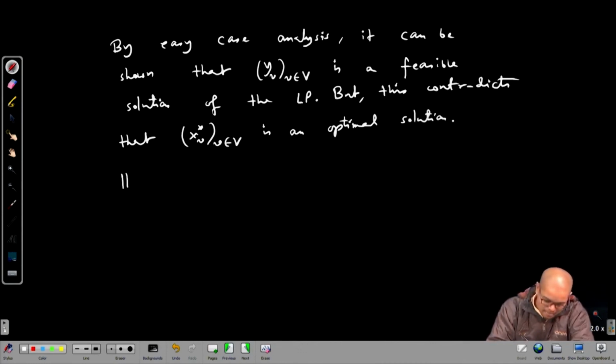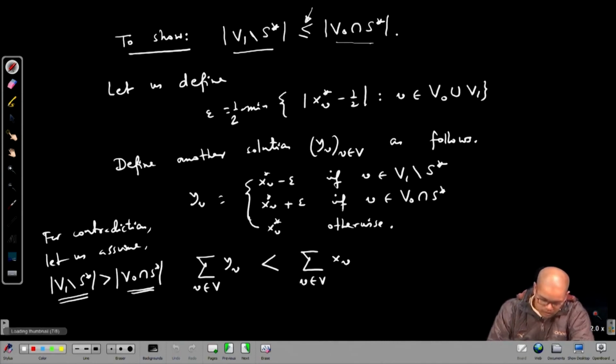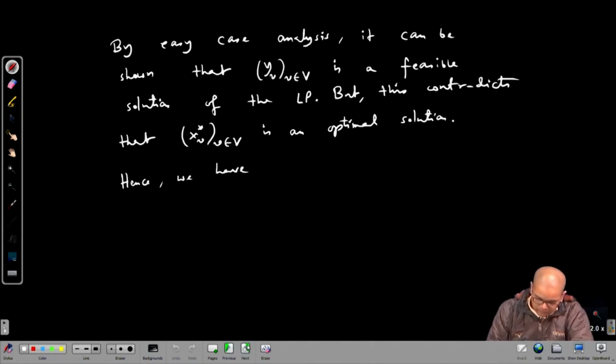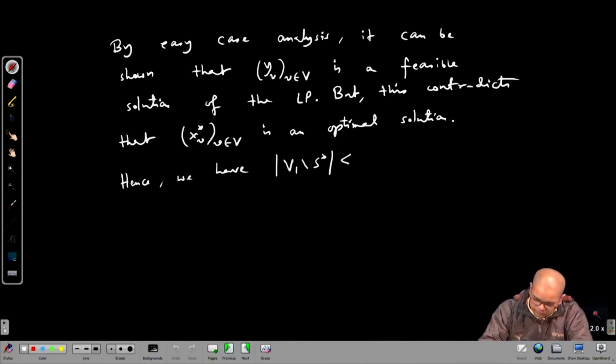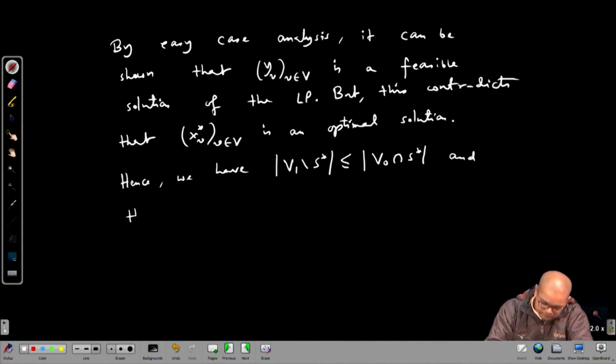Okay, hence we have that the size of V1 minus A star is less than or equal to the size of V0 intersection A star, and thus S is a minimum vertex cover.